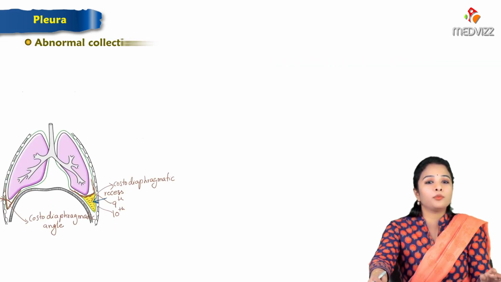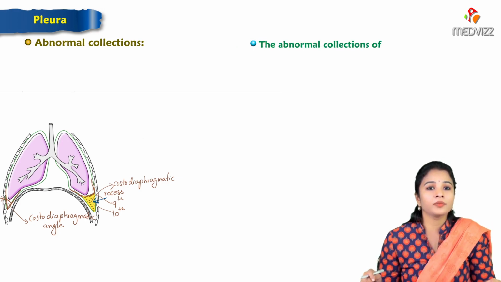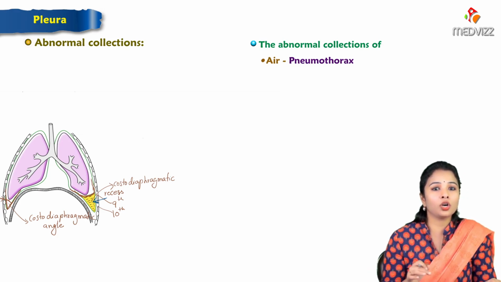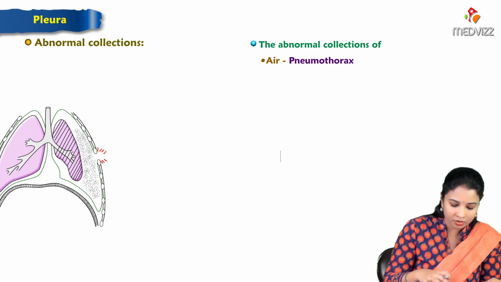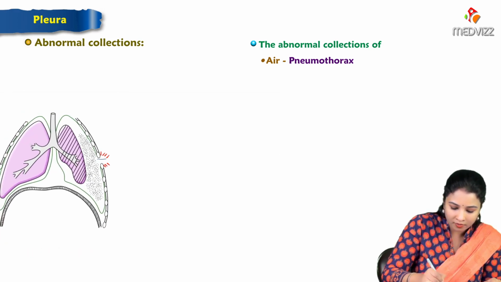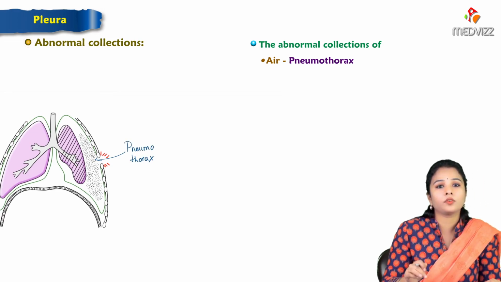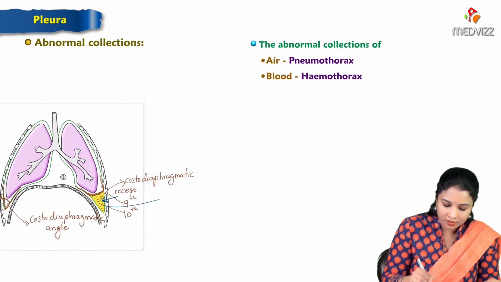Next, moving on to abnormal collections inside the pleural cavity. If there is air in the pleura, it is called pneumothorax. Here is an image of pneumothorax where air has entered the thorax.